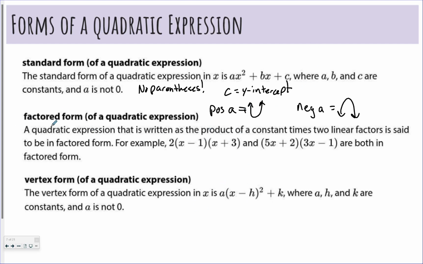So, like for example, factored form, it's got a number out in front here. That is also considered the a value. And so because of that, if there's a negative sign out here, it'll open down as well. And if it's a positive number, it opens up. With factored form, notice there's oftentimes two sets of parentheses.